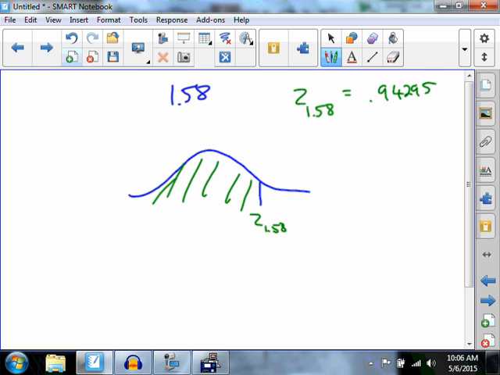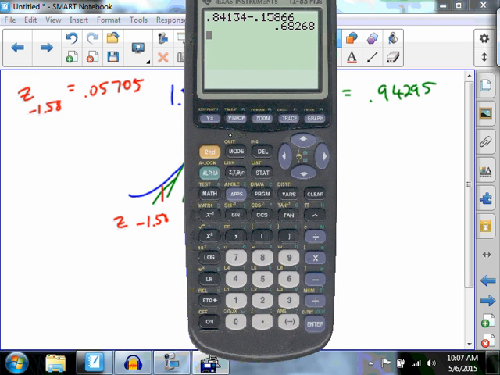Another thing I could have done is go to the z-score of negative 1.58 and look up that area. That's going to be 0.05705. So if I took 1 minus 0.05705, I actually get the same thing.